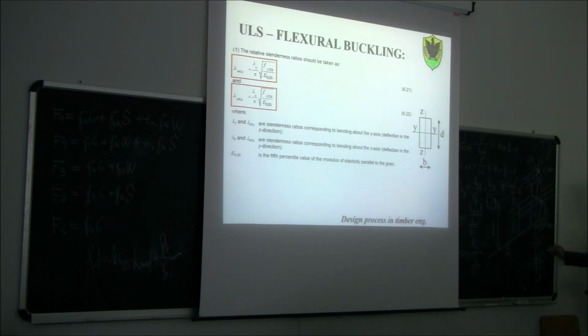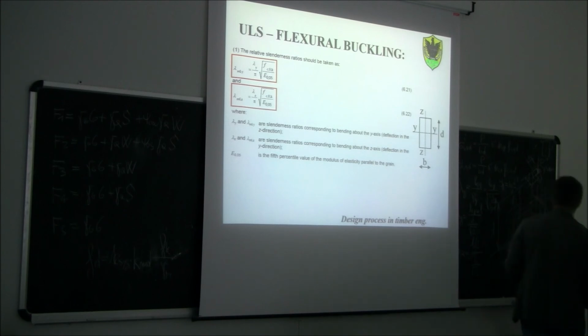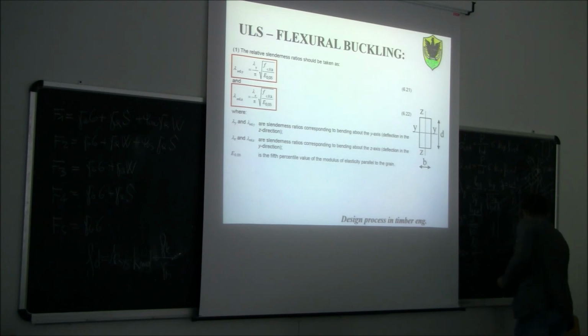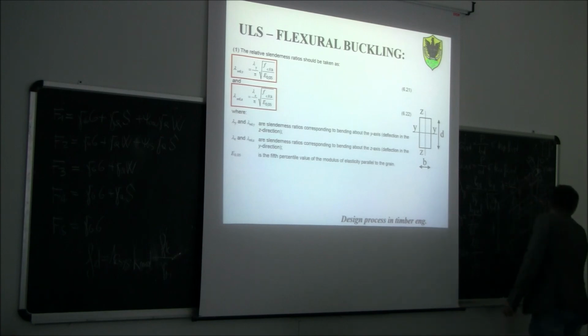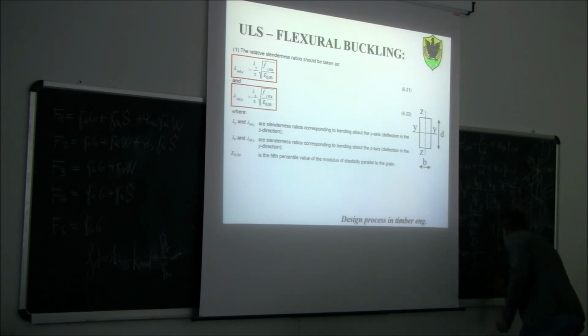This lambda y, which means around y, would be L divided by 2, divided by B over square root of 12. Instead, lambda Z would be L divided by B over square root of 12.